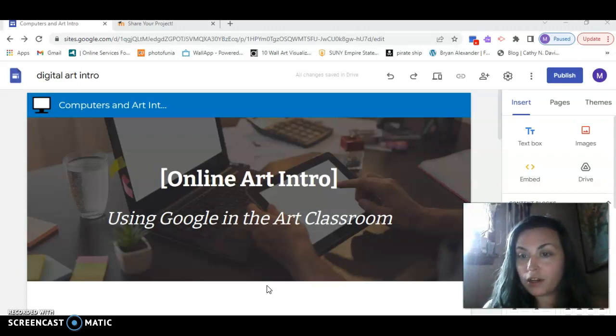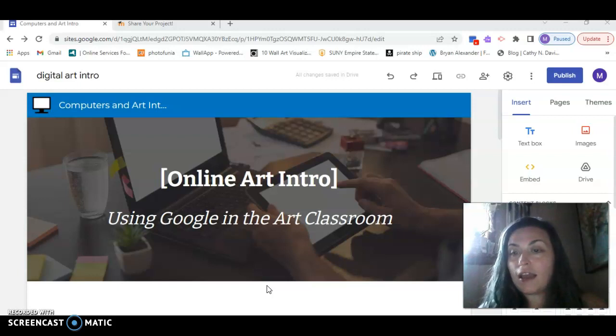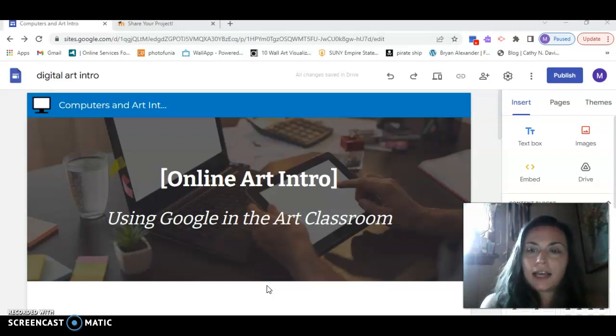So I chose Google. Number one, because a lot of our students have used Google Sites and extensions prior, so they had that base knowledge, but also because Google has a wide array of opportunities, and it's pretty user friendly. I thought it was a pretty decent baseline to start my digital art unit.